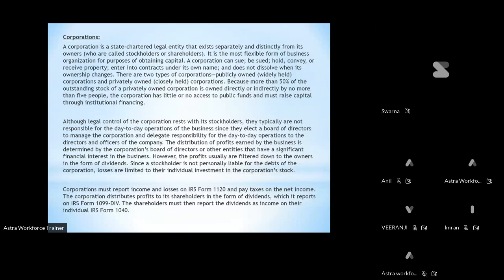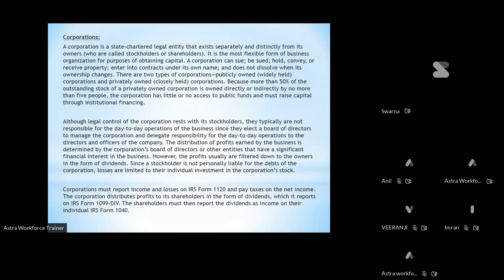There are two types of corporations: publicly owned, widely held corporations, and privately owned, closely held corporations. Because more than 50% of the outstanding stock of privately owned corporations is owned directly or indirectly by no more than 5 people, the corporation has little or no access to public funds and must raise capital through institutional financing.